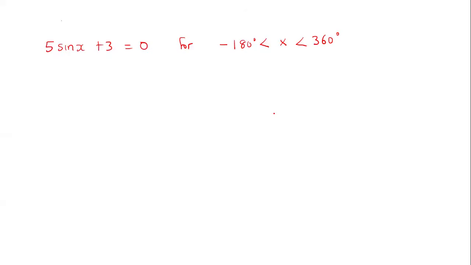That's what we are finding. Now, the first thing you do, you solve the equation. Is that fine? So can we first solve and you tell me what you are getting? Make sure sine x is on its own side.